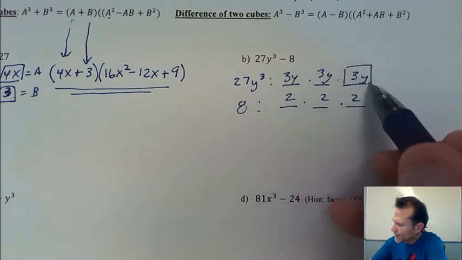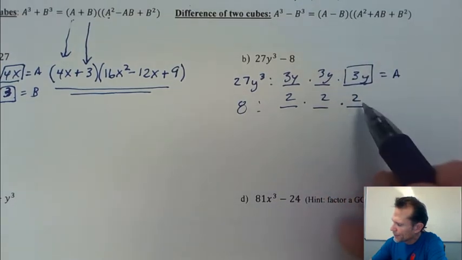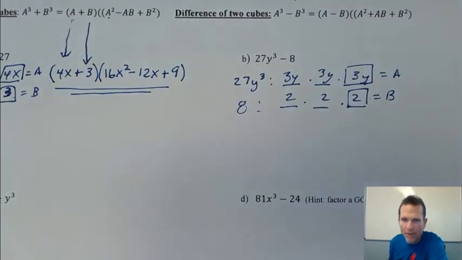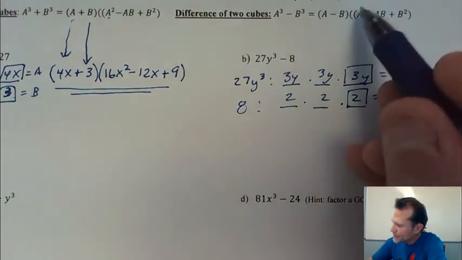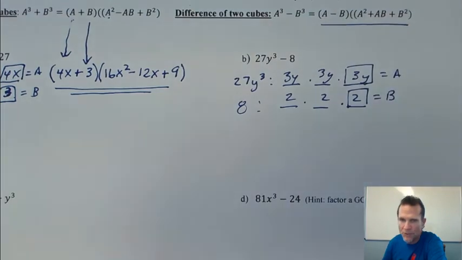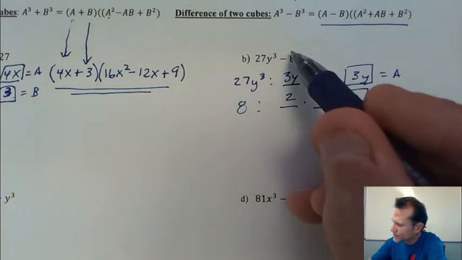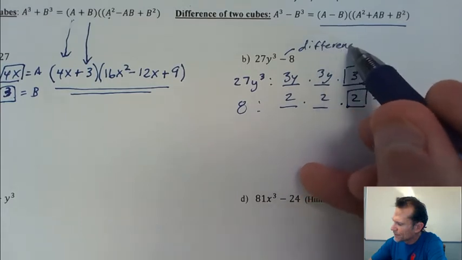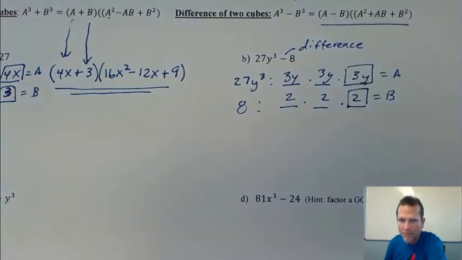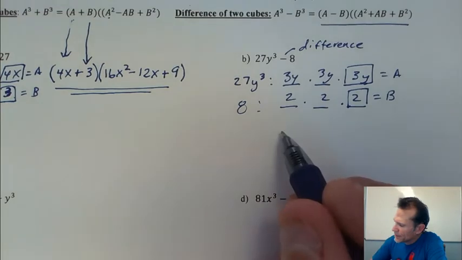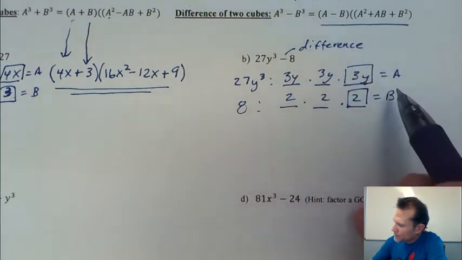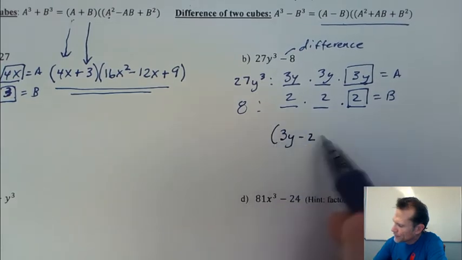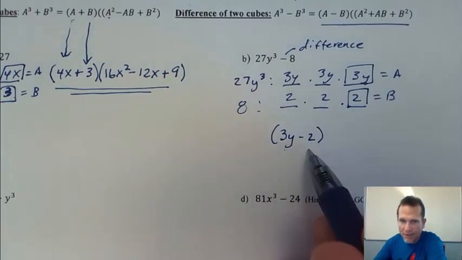This is going to be my a value. This is going to be my b value for my formula. Then here is the formula we're using because it's the difference of cubes, because of the minus sign. So I do a minus b. Well, let's see, 3y minus 2. There's my a value, my b value.